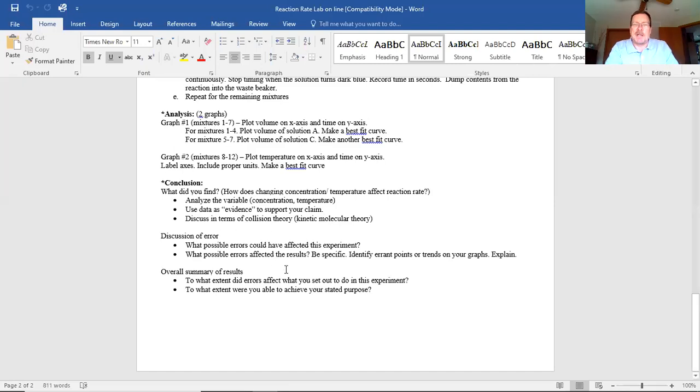And then what possible errors could have affected the experiment as you watched it, and then an overall summary. Remember, conclusions are always a paragraph. They are not to just be bullet points doing a quick shot, okay? All that gets typed up, incorporated, and uploaded when I open it up to that lab, again, due on Friday.